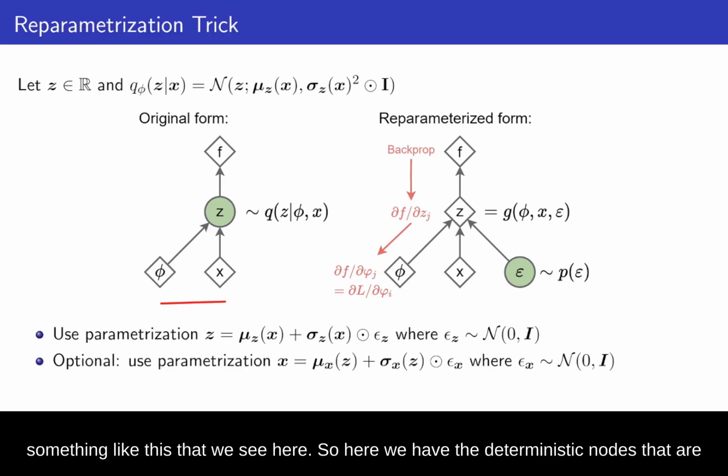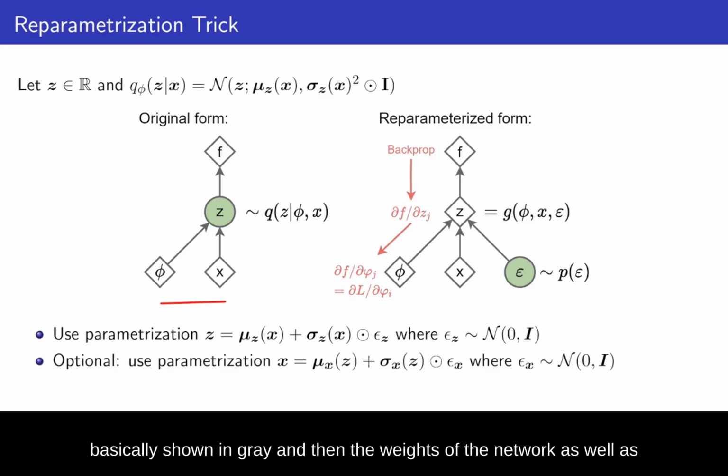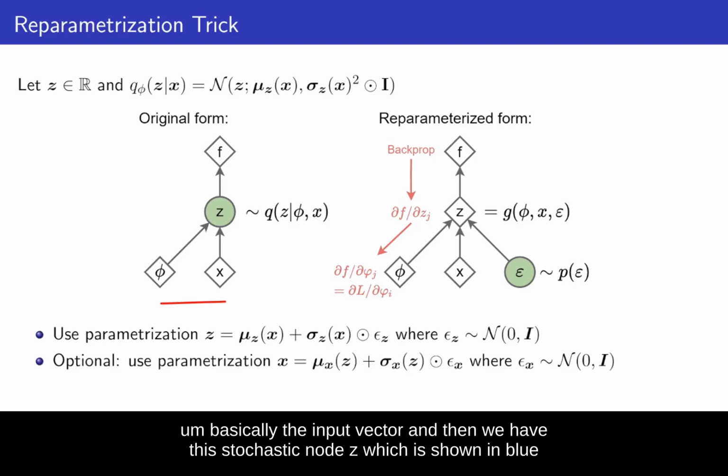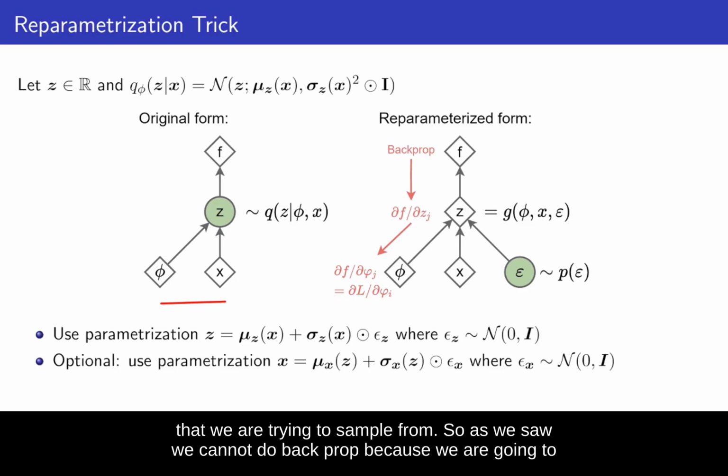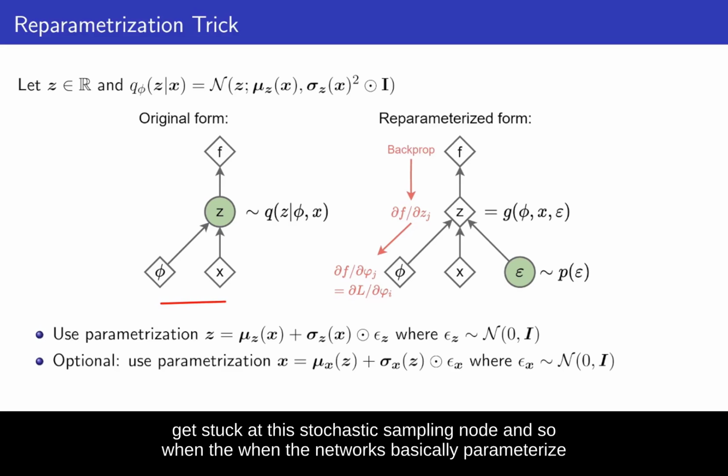We have the deterministic nodes shown in gray, the weights of the network as well as the input vector, and then we have this stochastic node Z, shown in blue, that we are trying to sample from. As we saw, we cannot do backprop because we get stuck at this stochastic sampling node, when the network is parameterized like this.